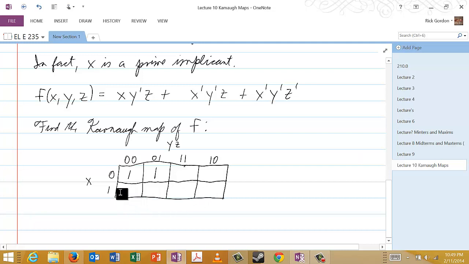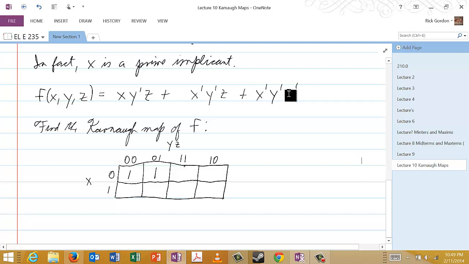When x is 1 and... okay, well, let's make the following observation that will make this very quick. When x is equal to 1, x prime is 0. So along the entire bottom row, the second term will be 0, and the last term will be 0, because both of those terms involve x prime, and x prime is equal to 0 when x is equal to 1, and 0 ANDed with anything is 0.